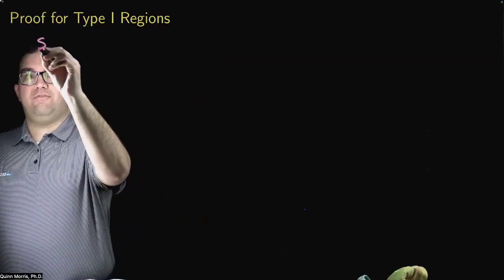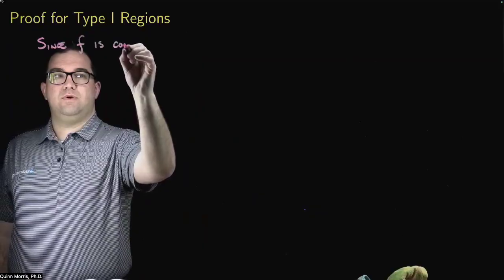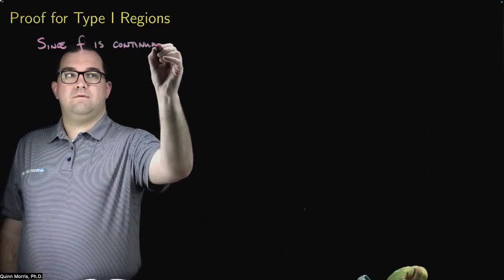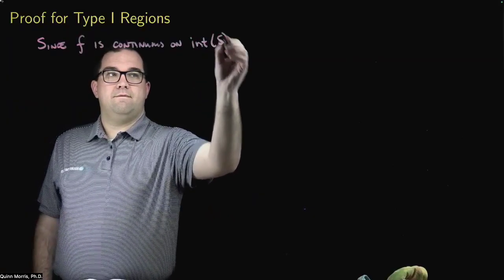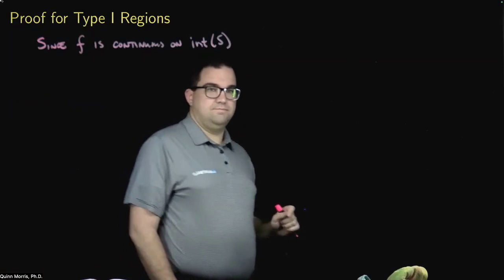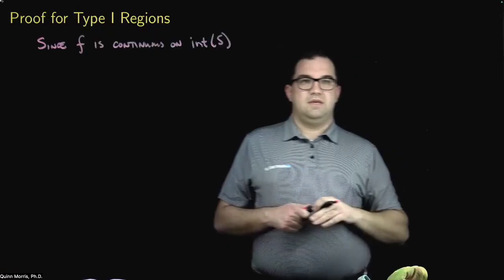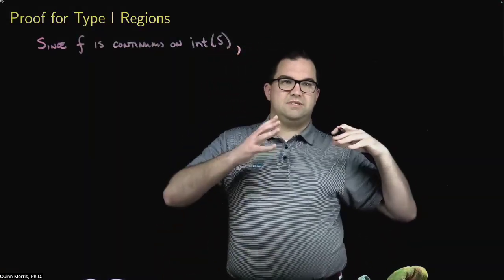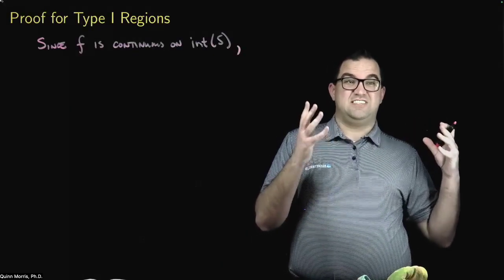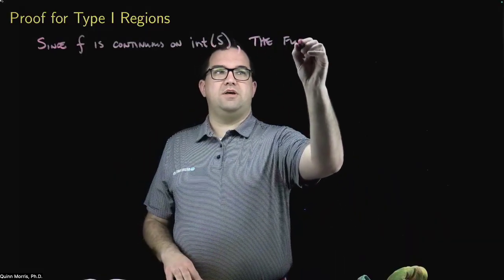Remember, I'm starting with a function f defined on S, and I know that f is continuous on the interior of S. So what can I say about the function f tilde?